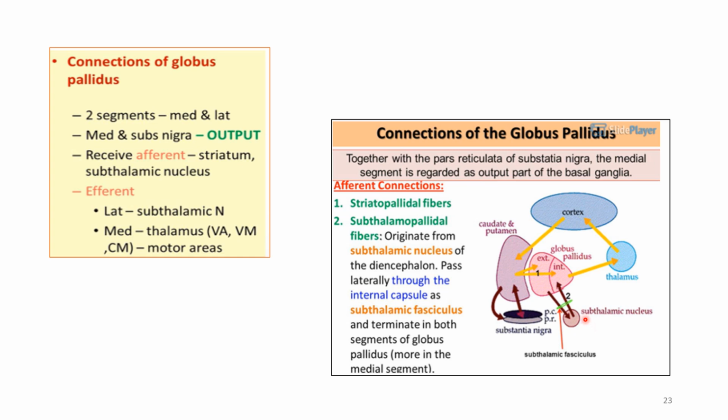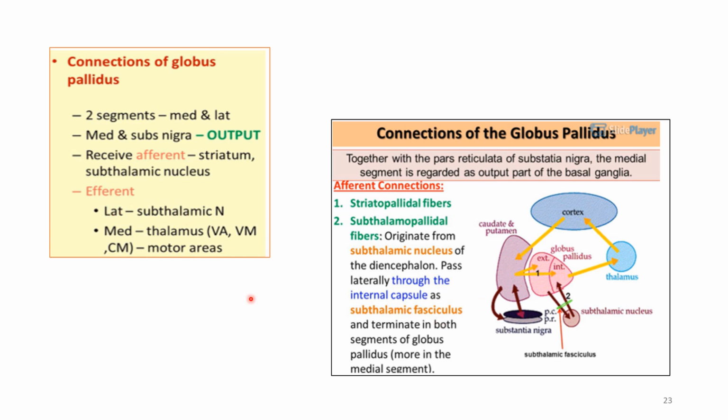From the subthalamic nucleus, they will pass laterally through the internal capsule as the subthalamic fasciculus and terminate in both segments of globus pallidus, but more in the medial segment, meaning mainly they will go to globus pallidus internus. Okay, so afferents from striatum and subthalamic nucleus.